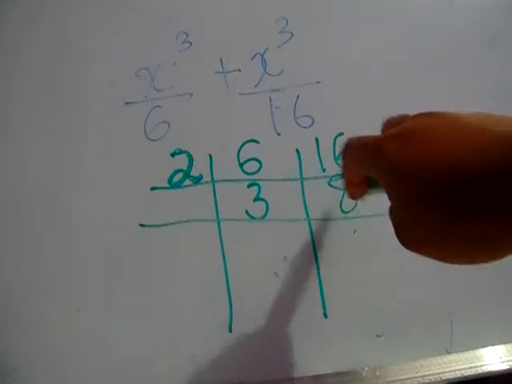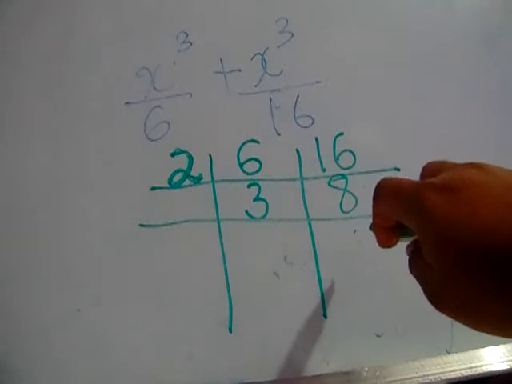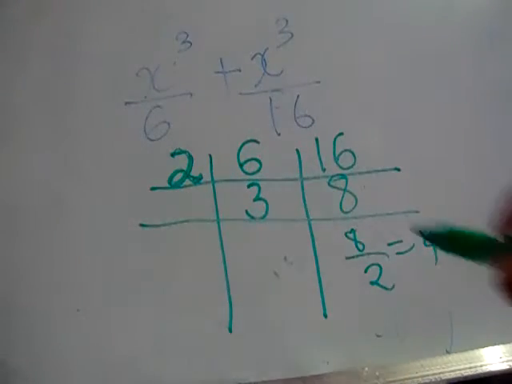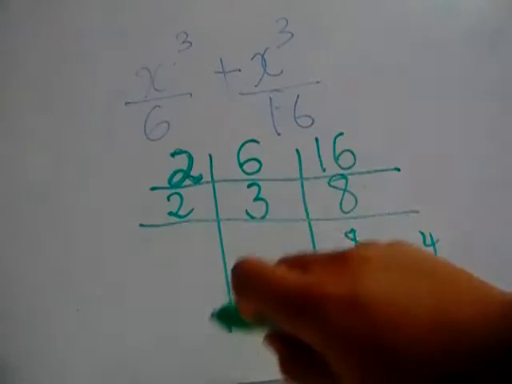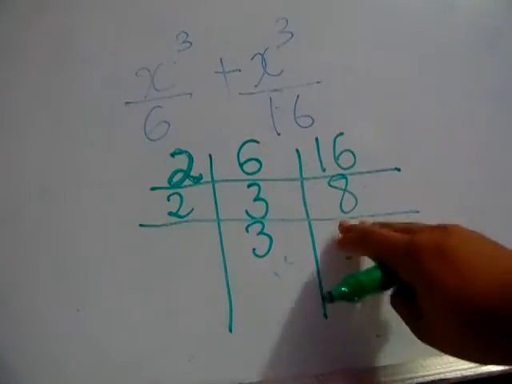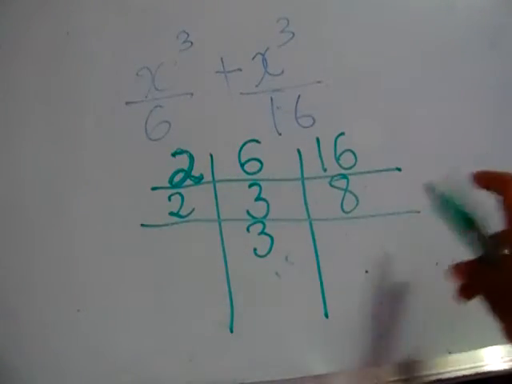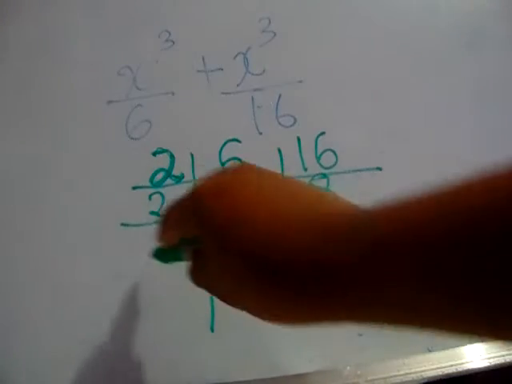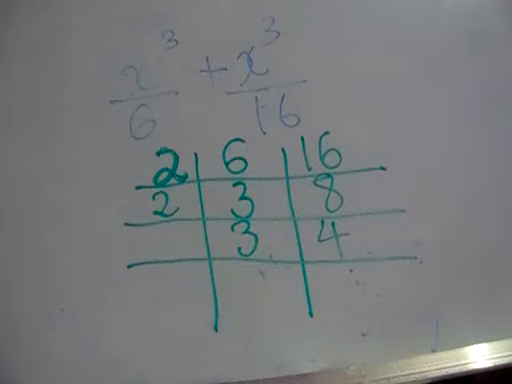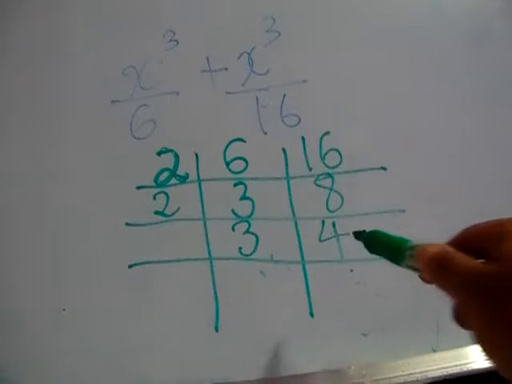So can 2 go inside 8? If we have 8 over 2, we'll have 4. So yes, we can use 2 again. But because here it cannot work, we'll bring down the 3 and replace the other side with 4. Now we look again. Is it still possible for us to use 2? Yes, here.